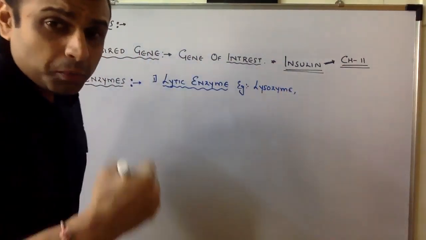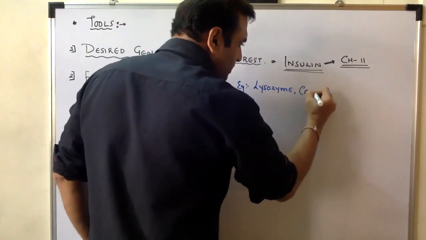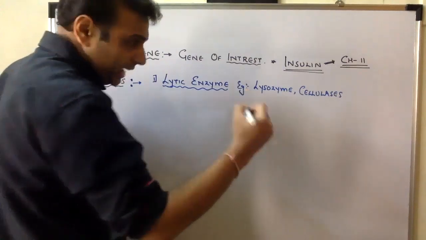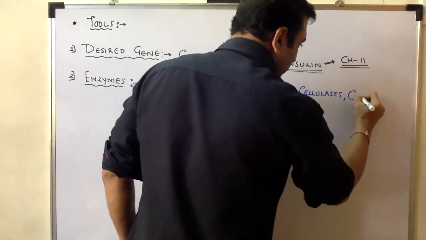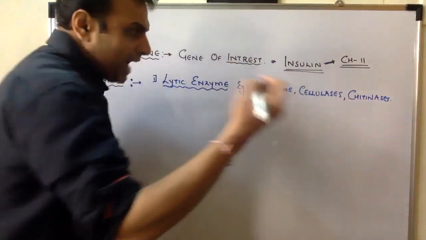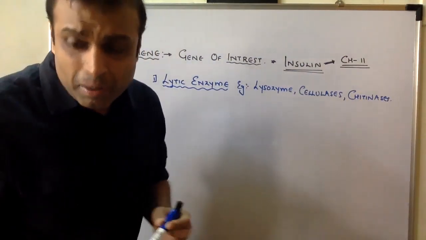If I want to break a plant cell, I will require cellulases. If I want to break a fungal cell, which is made up of chitin, I will require chitinases. And for animal cell, I will require a mixture of lipases and proteases.